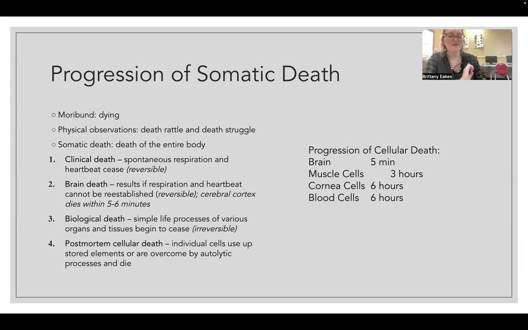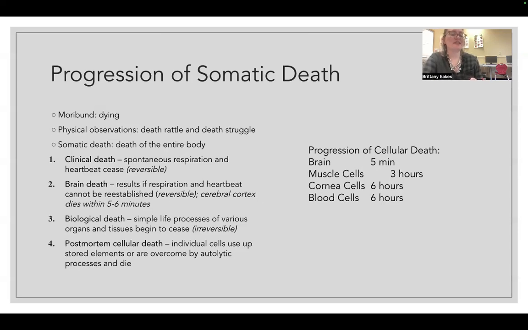Clinical death occurs when spontaneous respiration and heartbeat cease. At this time, that person can be resuscitated. So clinical death is reversible. If the person can't be resuscitated, if it's not reestablished, then brain death can result.